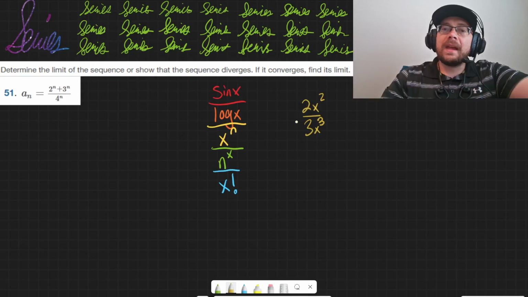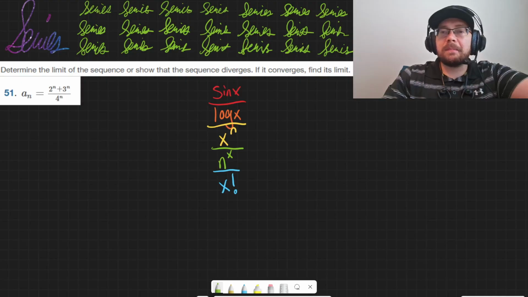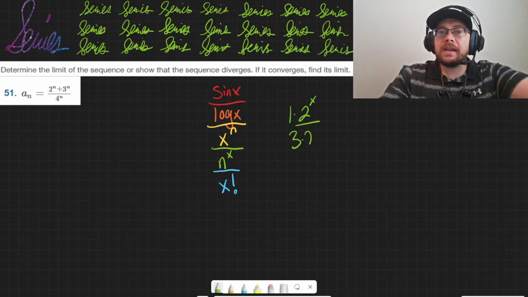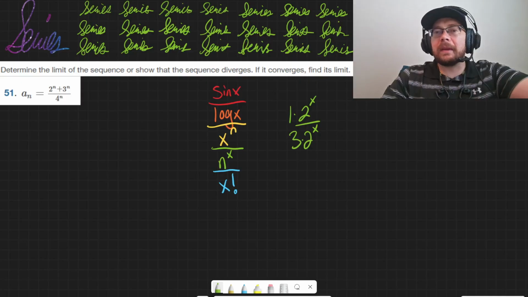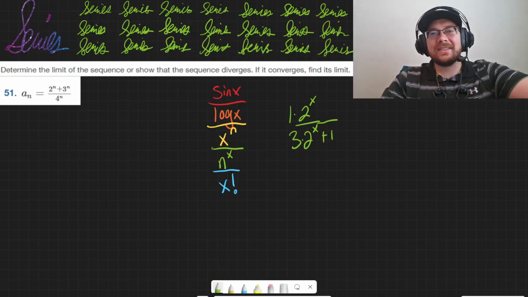With exponentials, it kind of works like that too. If I have two different bases, the bigger base wins. So if I say 2 to the x over, let's say, 1 times 2 to the x over 3 times 2 to the x. And of course, it wouldn't be something like this because the 2 to the x's would actually cancel. So it would be something like plus 1 or something, so that you wouldn't be able to just cancel the 2 to the x's.